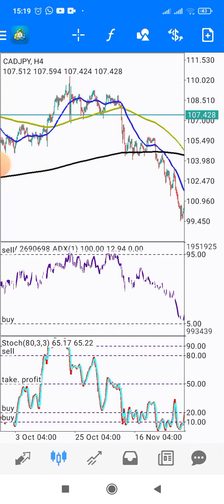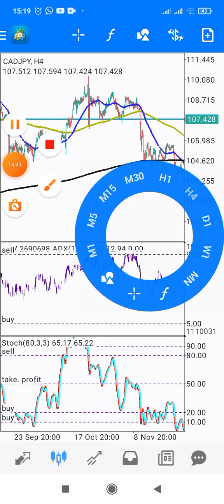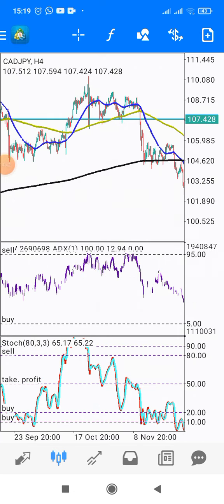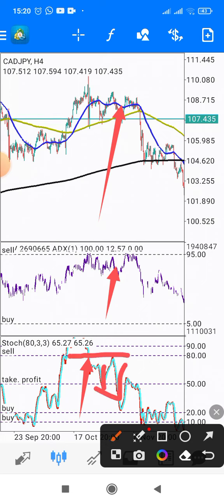Now check. This also became the highest point again. This one and here. Then we see we enter at this point. We enter here, which is somewhere there.